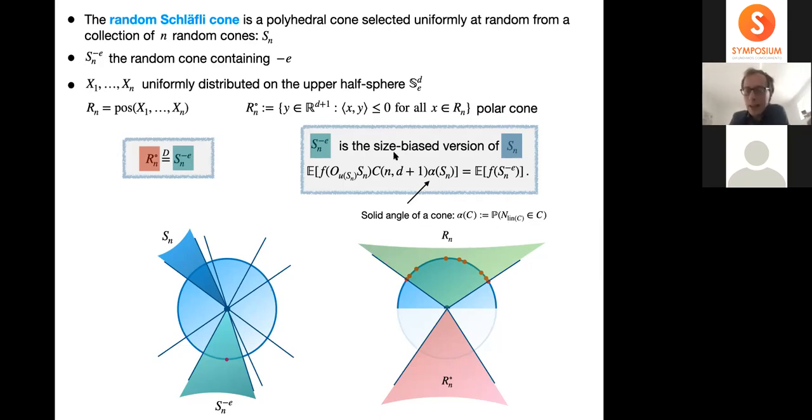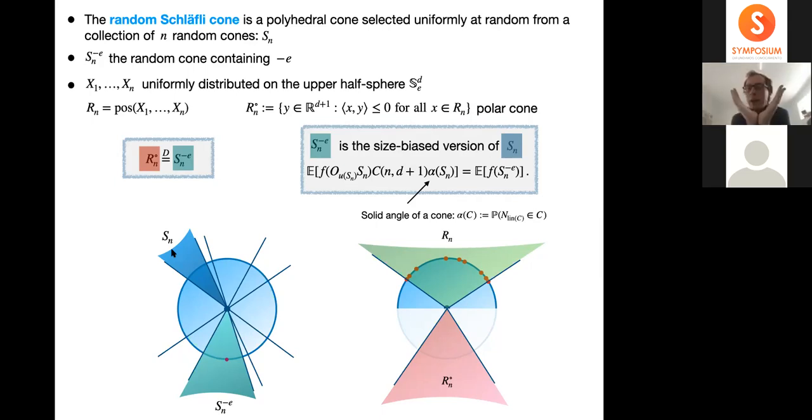And what does size biased mean here? Well, you have this random collection of cones here. And the Schläfli cone is one selected uniformly at random from this collection of cones. This means that you select a cone uniformly at random regardless of size and shape. But there is also another possibility.